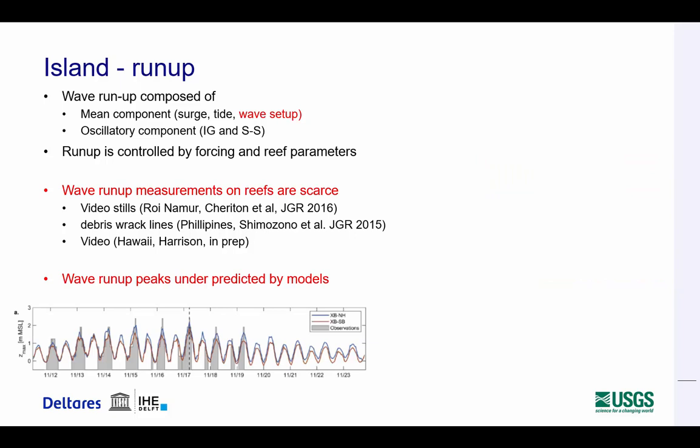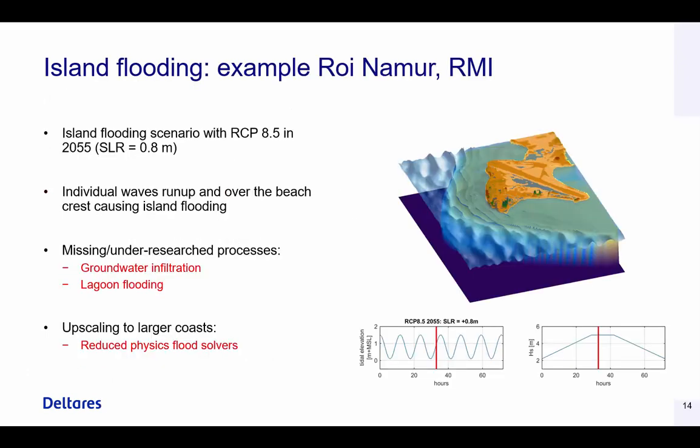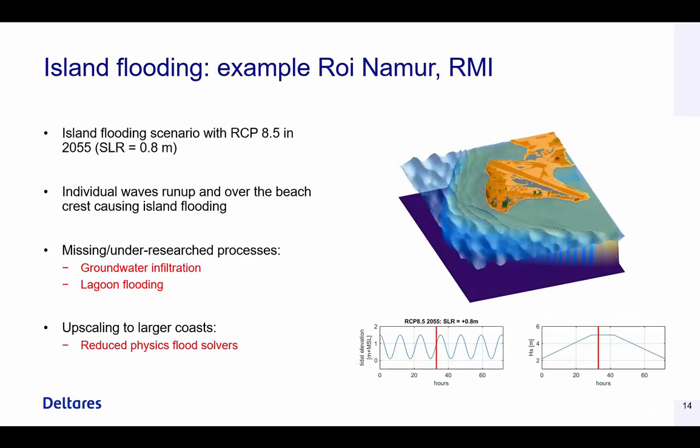Because even though the wave transformation is done relatively well, we still see that both non-hydrostatic models here in blue and the surf beat models here in red underpredict the observed wave run-up here in gray. Nevertheless, we can already start making assessments of wave flooding, as we've done here for the island of Roi-Namur.